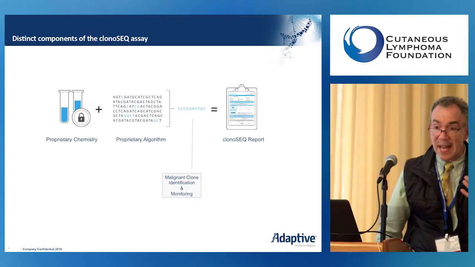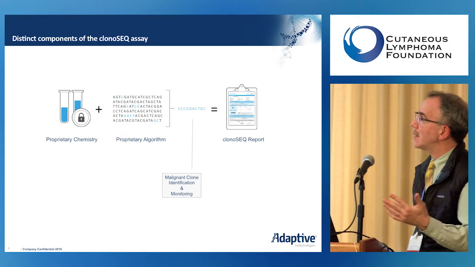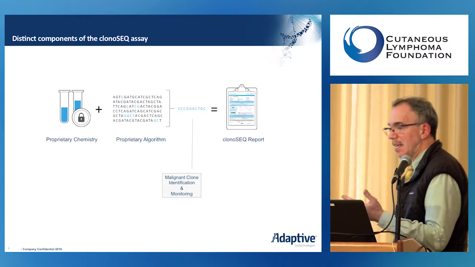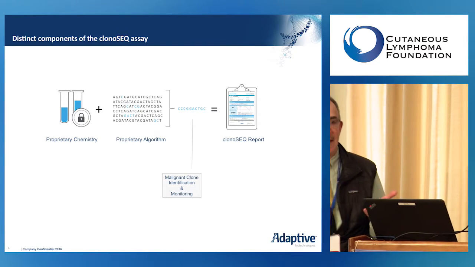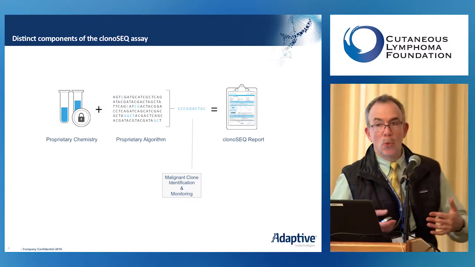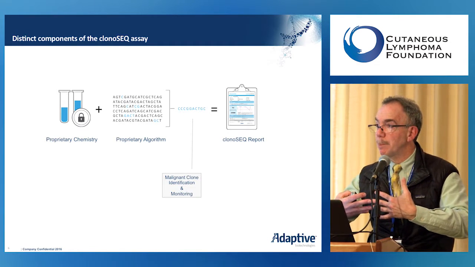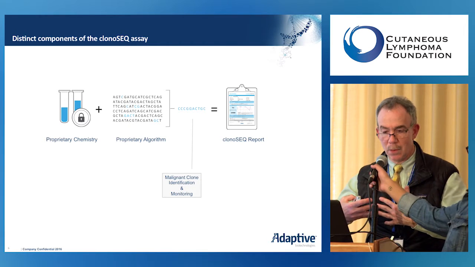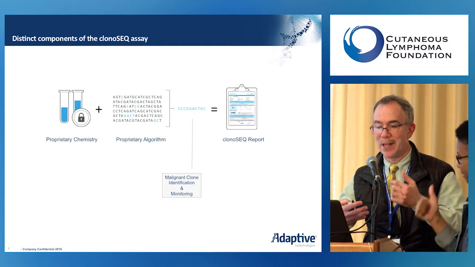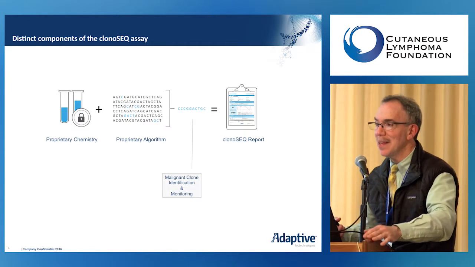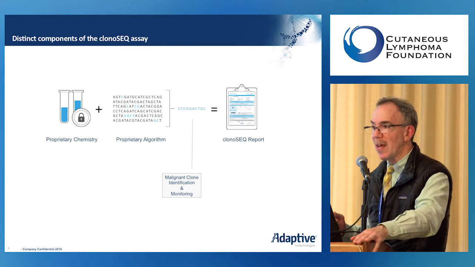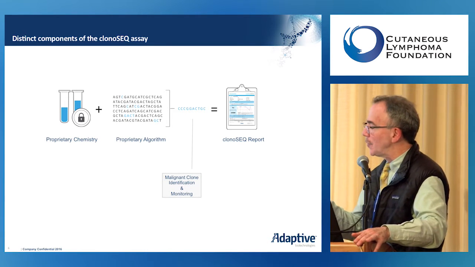Now, how does it actually occur in practice? You get a particular sample, you extract DNA from it, you look at all of the lymphocytes that are present in that particular sample, and you sequence them all.